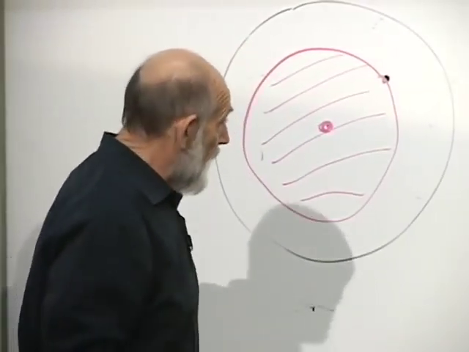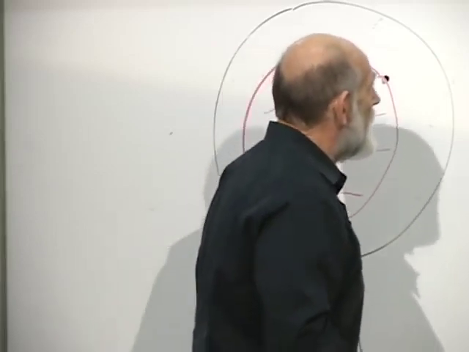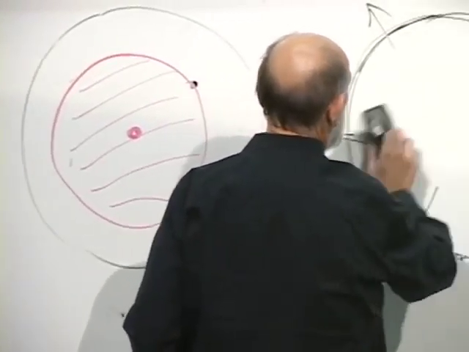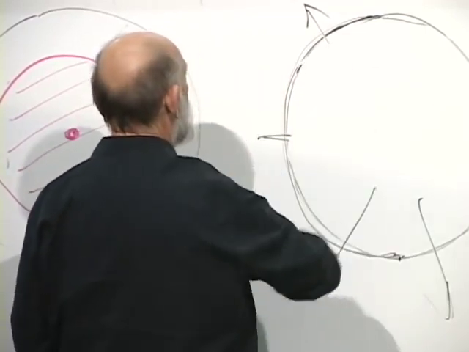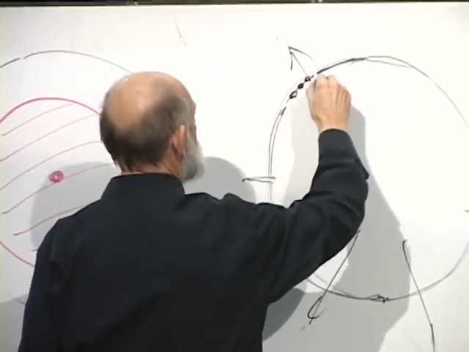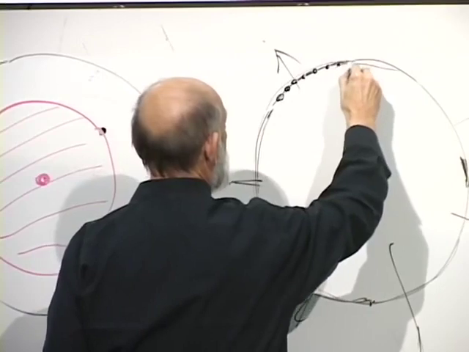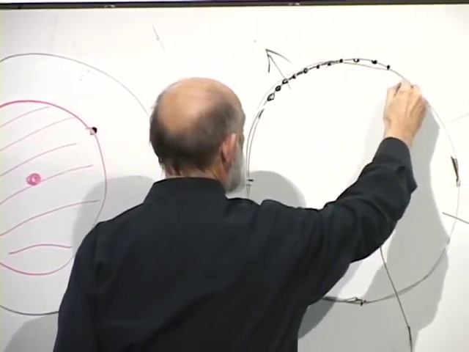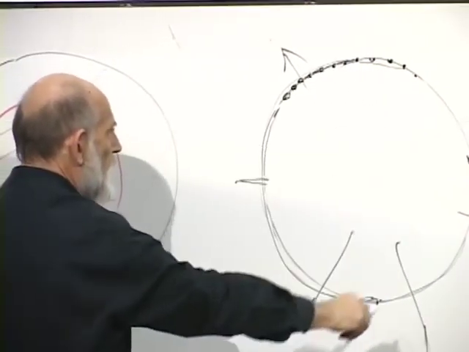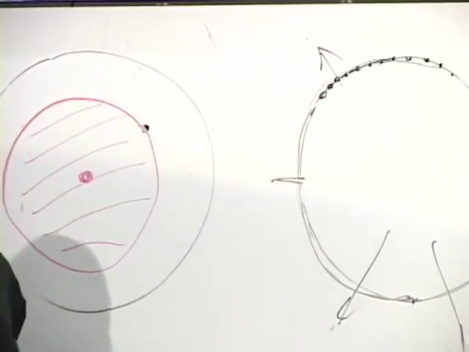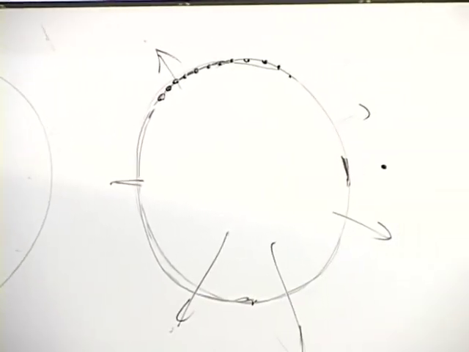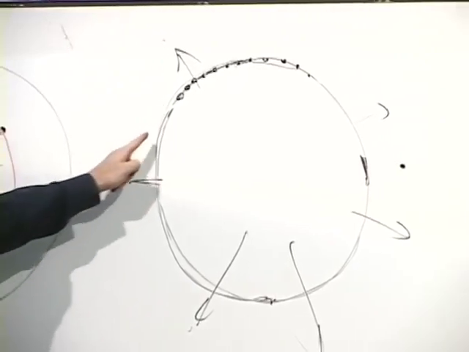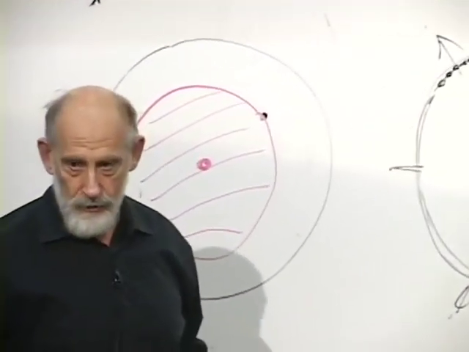Okay? Now, imagine that we put one of these little spouts at each point around a circle continuously, so that around the circle here, there was a continuous distribution of flow of water out of that circle.